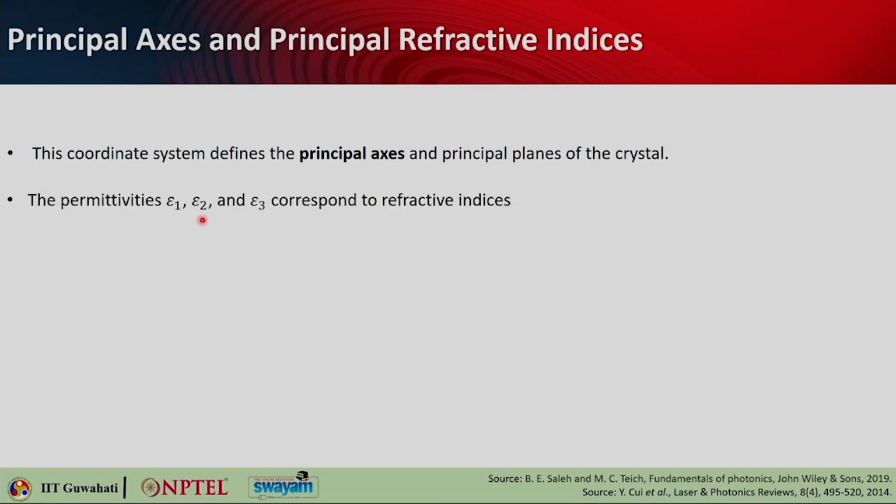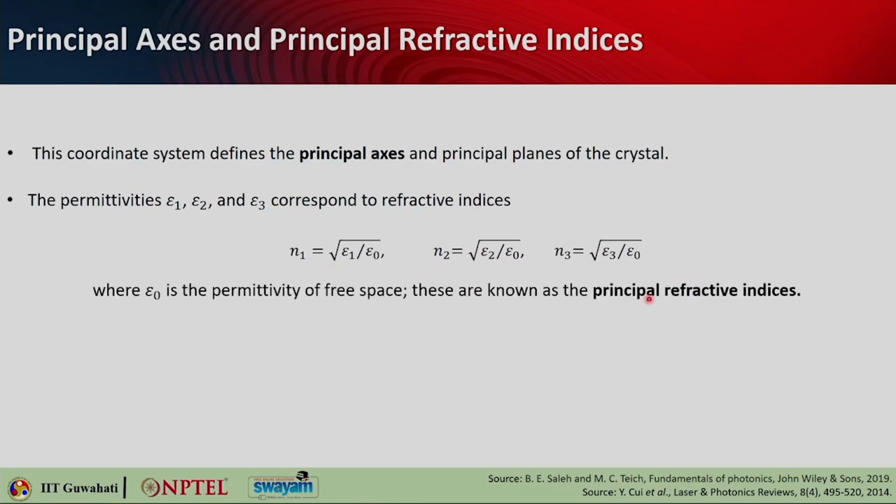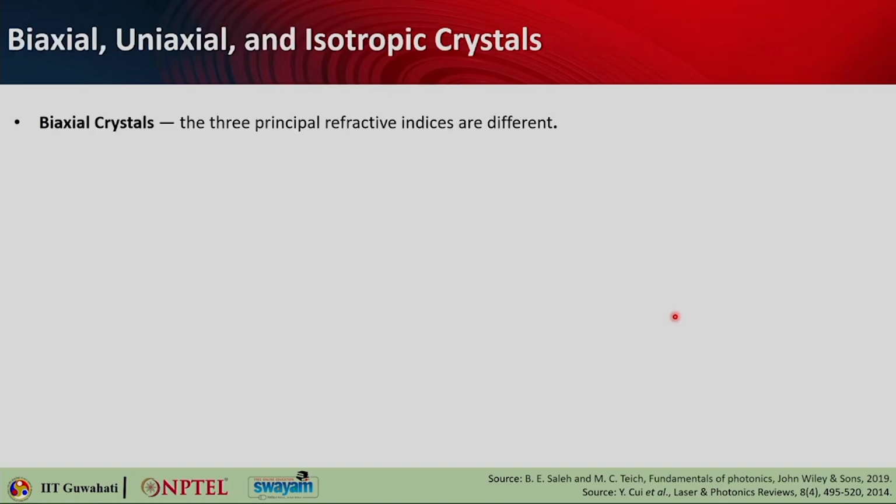The permittivities epsilon 1, epsilon 2 and epsilon 3 correspond to the refractive indices n1, n2 and n3. You can write n1 equals the square root of epsilon 1 over epsilon 0 and so on. What is epsilon 0? That is the permittivity of free space, and n1, n2 and n3 are known as the principal refractive indices.